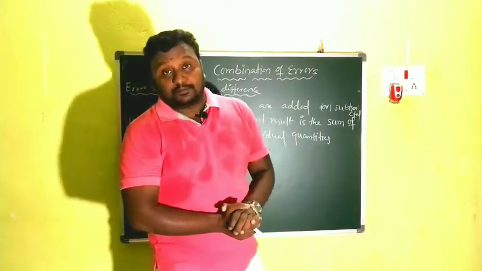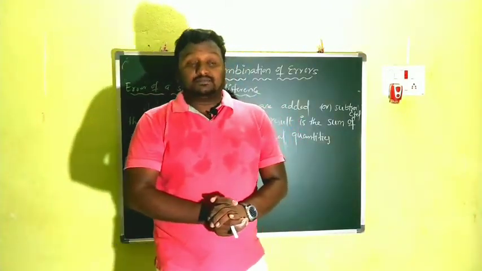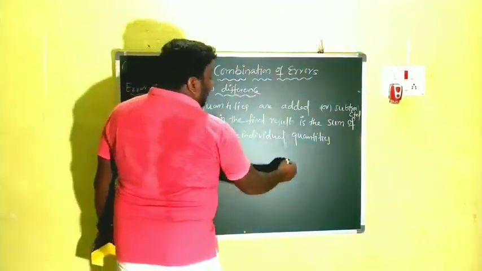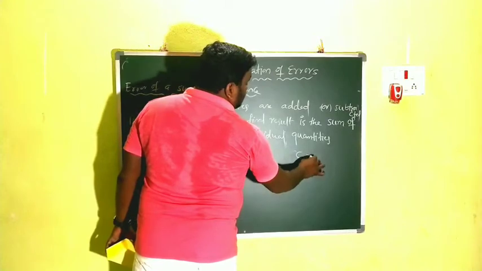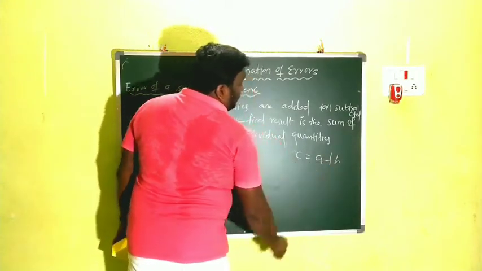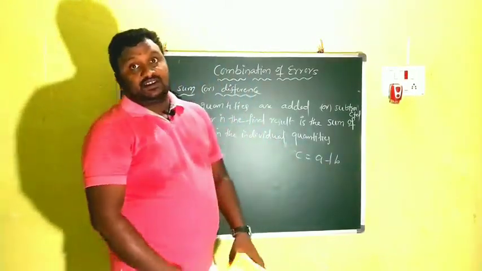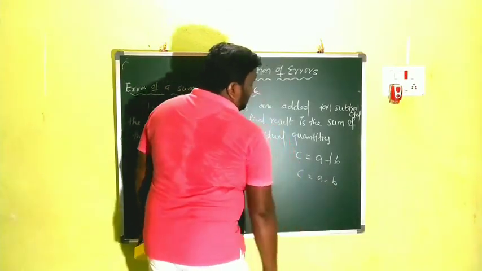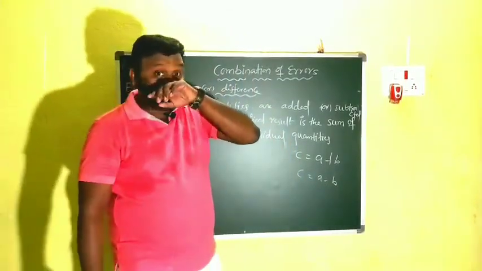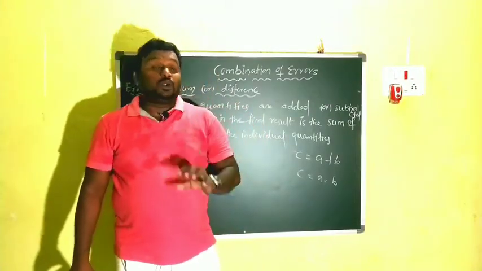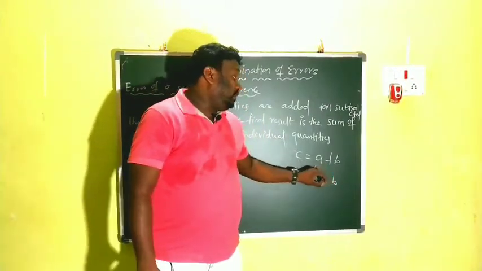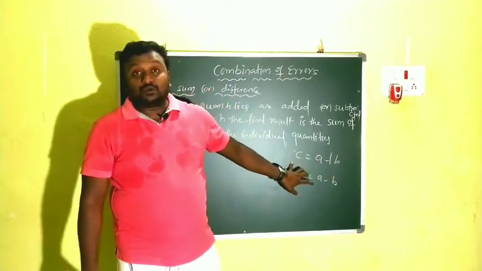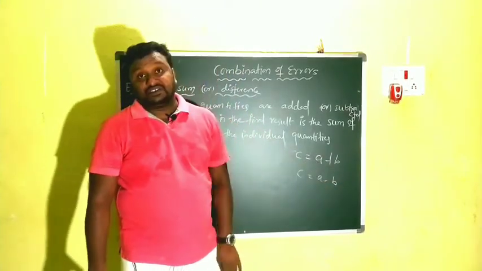That is the principle. Here we have one explanation. I am taking C equals A plus B, or C equals A minus B. That means we are getting one quantity C when we are adding A and B. Here C is one physical quantity and A and B are different quantities.